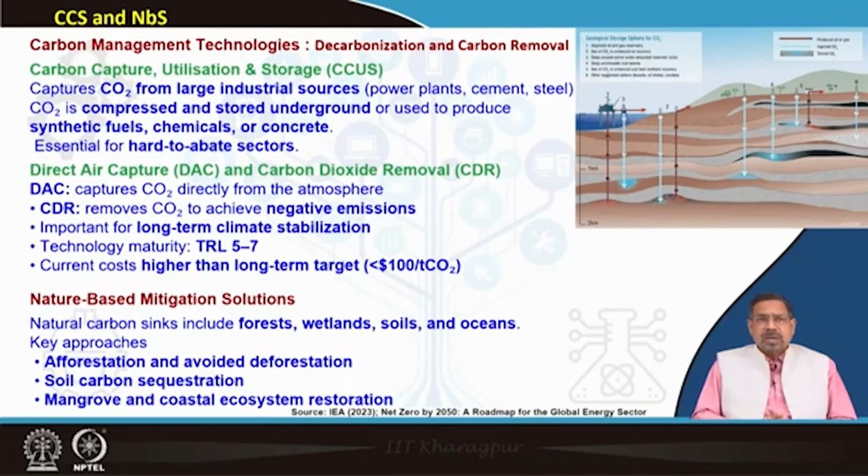These are important technologies for long-term climate stabilization. But as far as the maturity level is concerned, it is still between 5 to 7, and the cost is very high. The cost is higher than the long-term target of $100 per ton of carbon dioxide removed. So the cost is high, and we need to work on that.